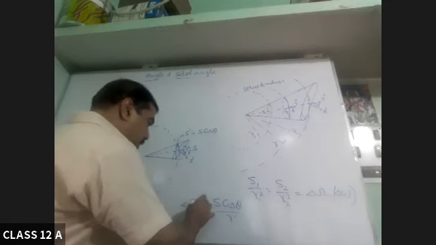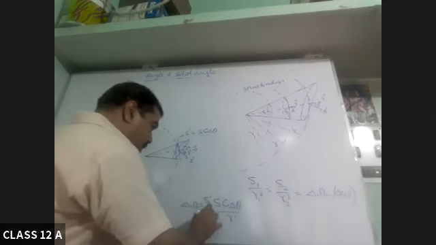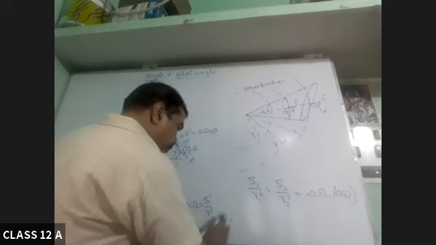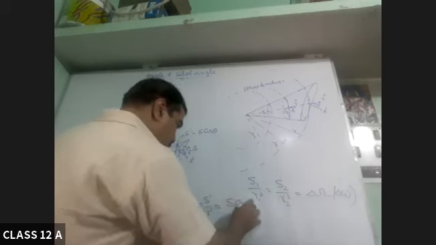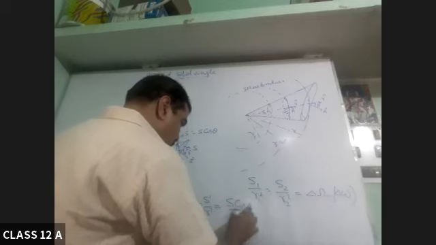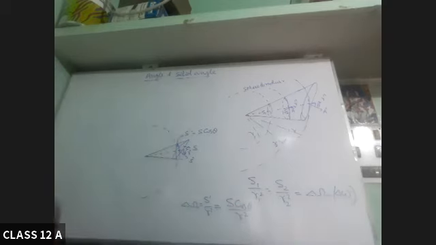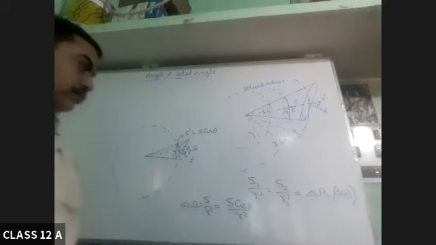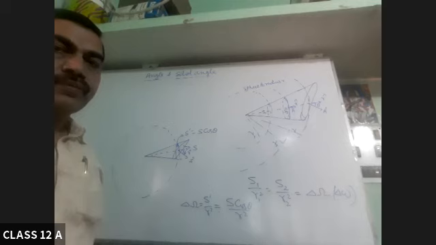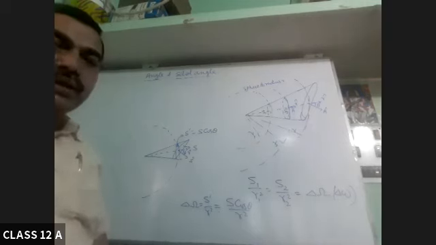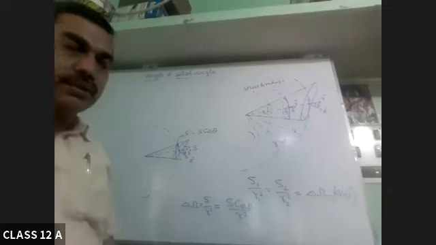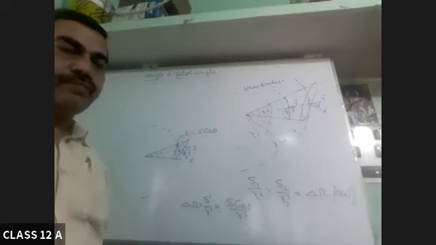This is S dash over R square that we require. So if area vector and radius vector are not in the same direction, then this way.